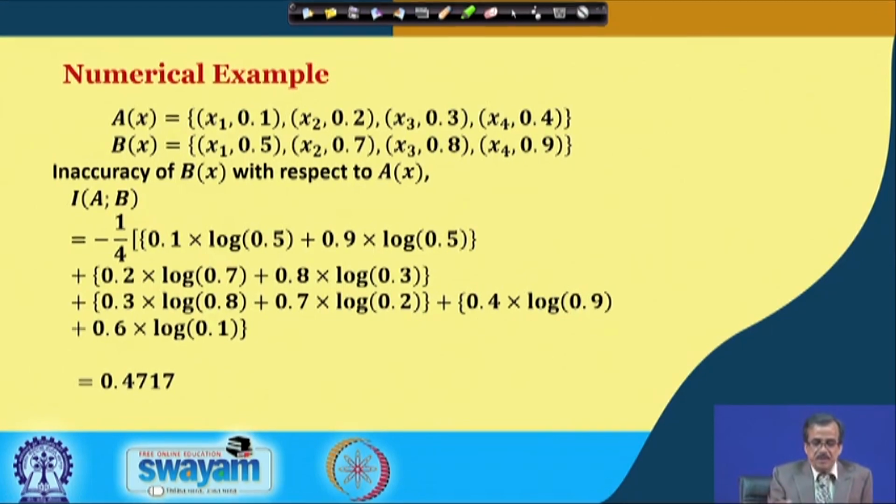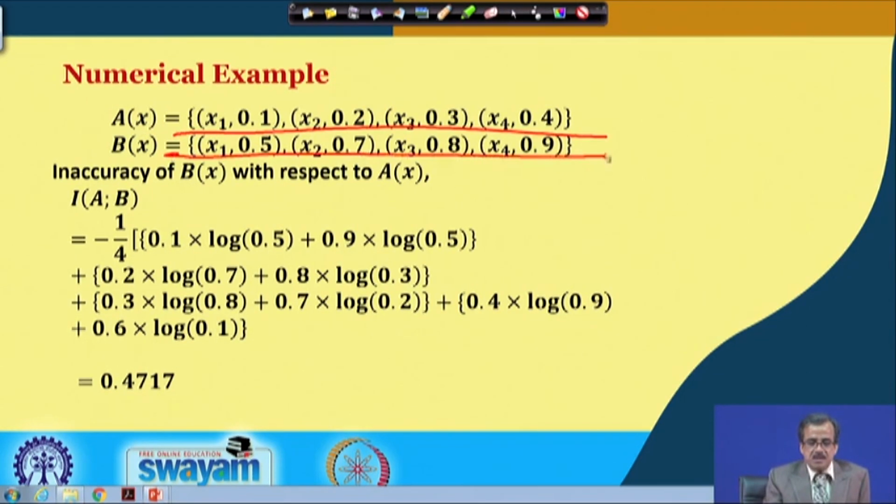Here I have two fuzzy sets: A(x) is this and B(x) is this. The inaccuracy of B(x) with respect to A(x), I(A;B), is minus 1 by 4 times 0.1 log of 0.5, then 1 minus 0.1 is 0.9 and 1 minus 0.5 is 0.5. This corresponds to x1.